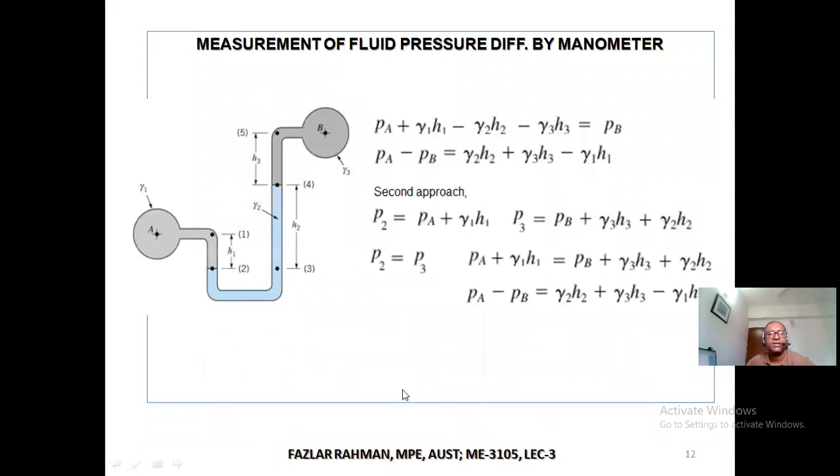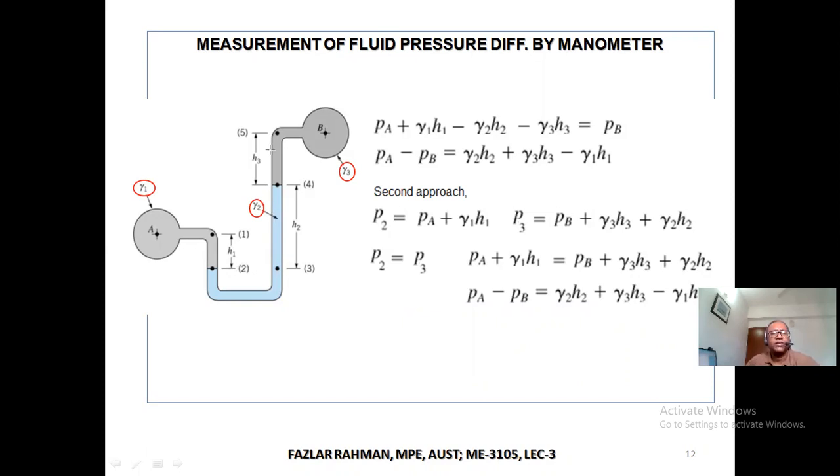Right over here is one more example of how we can measure the pressure difference, like this tank. Right over here are 3 types of fluid: this one gamma 3, this one gamma 1, and inside the manometer you have gamma 2. Now, how can we measure the pressure?